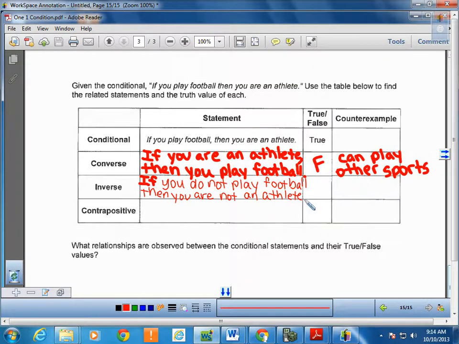So is this one going to be true or false? It says, if you do not play football, then you are not an athlete. Well, this is going to be false because you could play basketball and still be an athlete. So our counterexample is going to be, could play basketball.